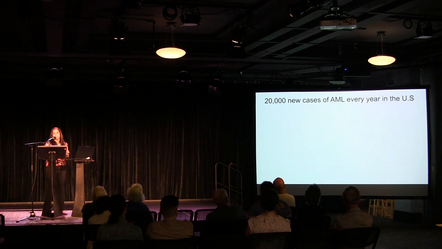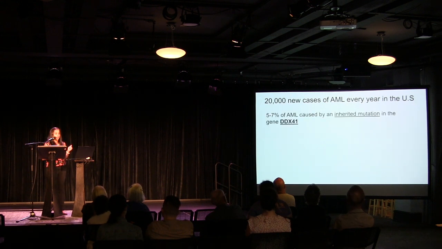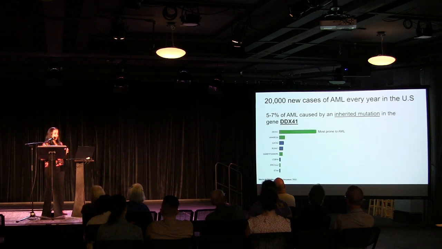So in the US, there are almost 20,000 new cases of AML or blood cancer that are being diagnosed every year. And about 5% of these AML are caused by an inherited mutation in the gene DDX41. So DDX41 is the most common inherited mutation that puts us at risk to developing blood cancer, or AML, as shown in this graph here.